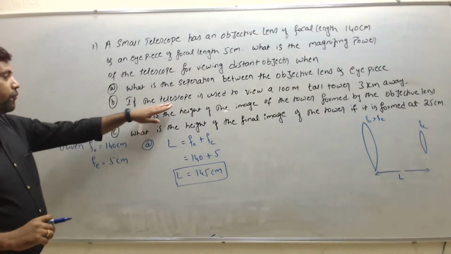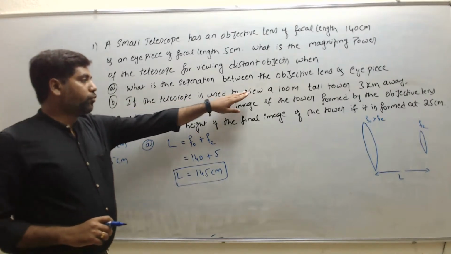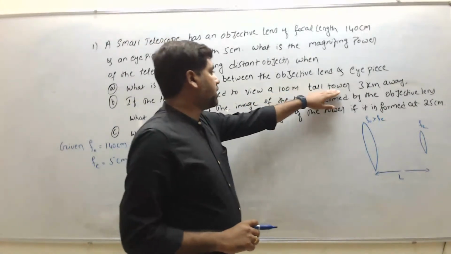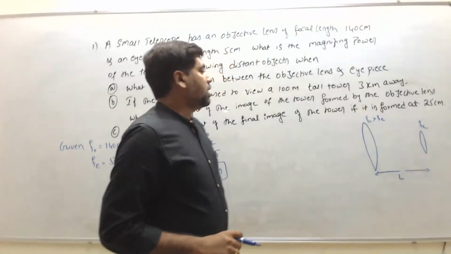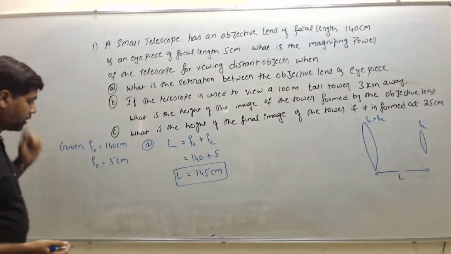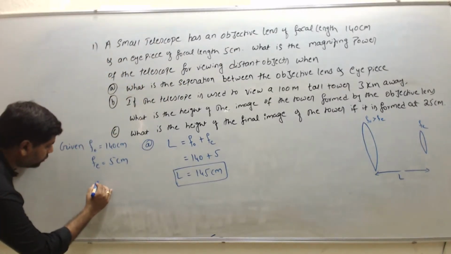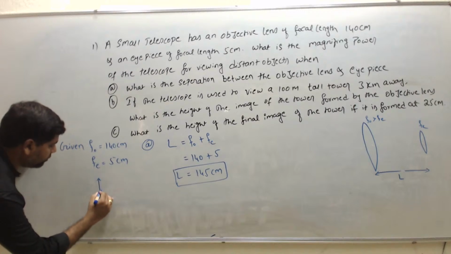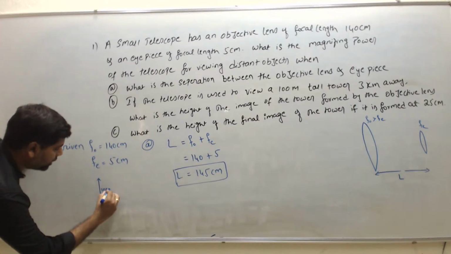Next, the telescope is used to view a 100-meter tall tower 3 kilometers away. Here is one tall tower, and its height is 100 meter.